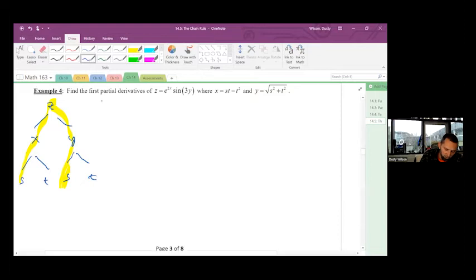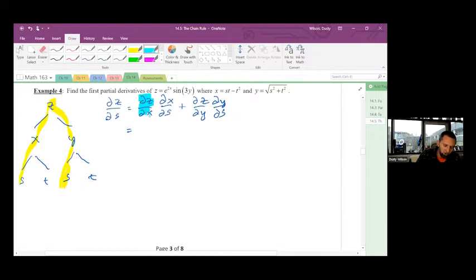And so we know that the partial derivative of z with respect to s will be the partial of z with respect to x times the partial of x with respect to s, plus the partial of z with respect to y times the partial of y with respect to s. And let's see what this is.